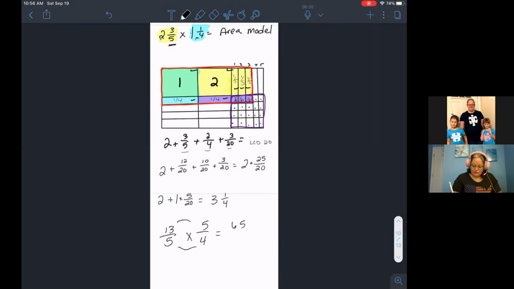And then 5 times 4 is 20. So 65/20 equals 3 1/4. So our answers match up. So 2 3/5 times 1 1/4 equals 3 1/4.